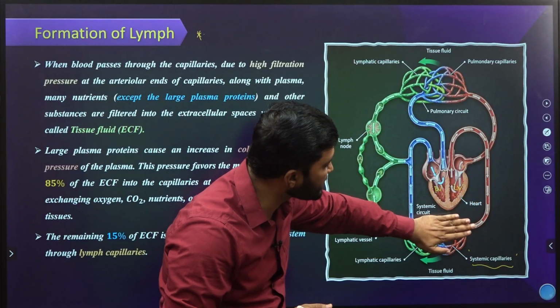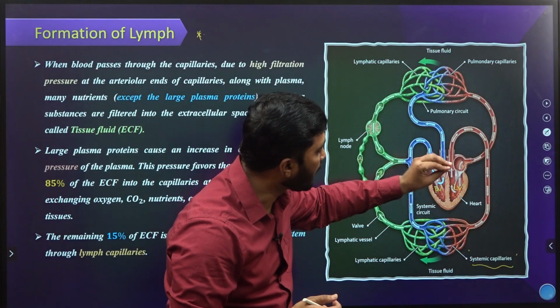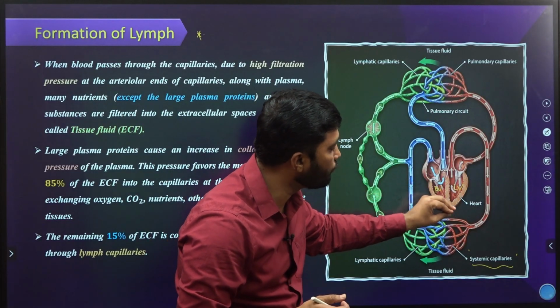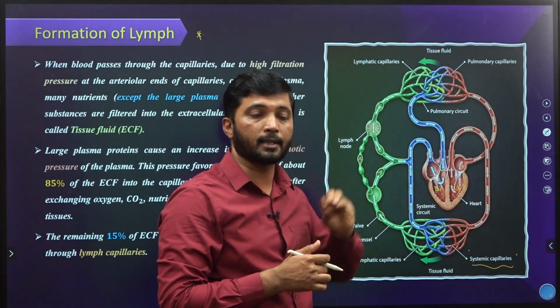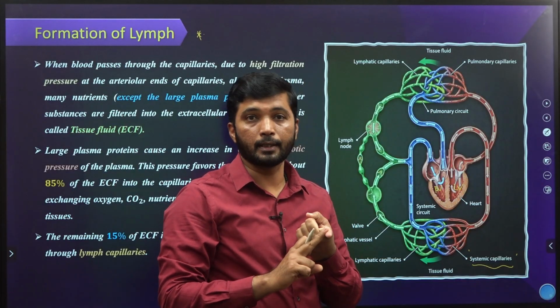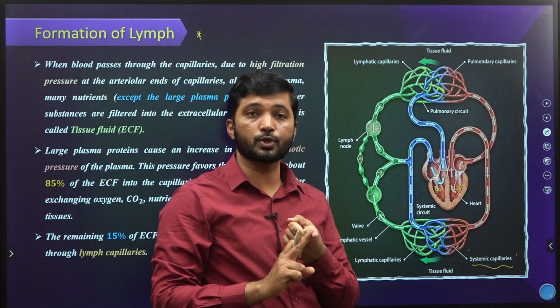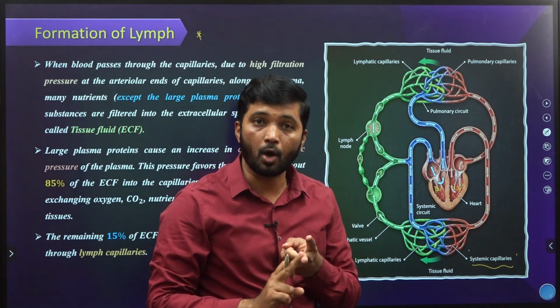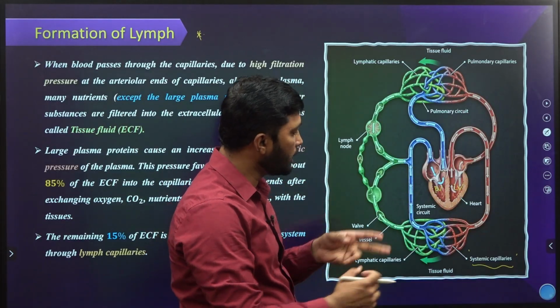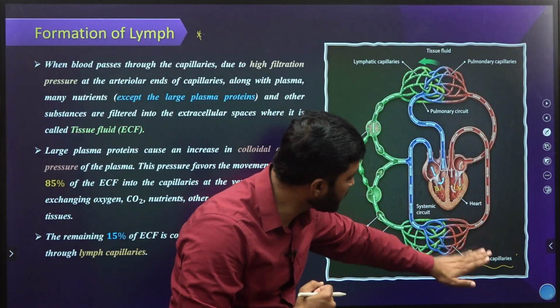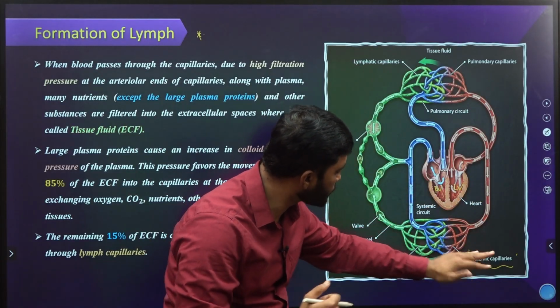Plasma, except the formed elements, along with some essential substances, like nutrients, glucose, gas, oxygen, and other essential substances, filters into the tissues.